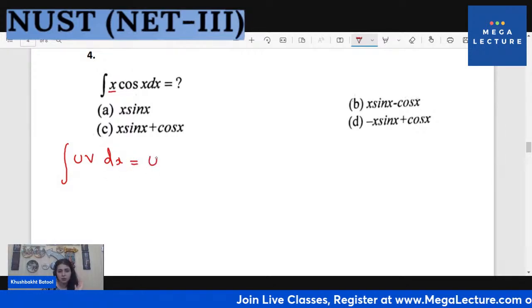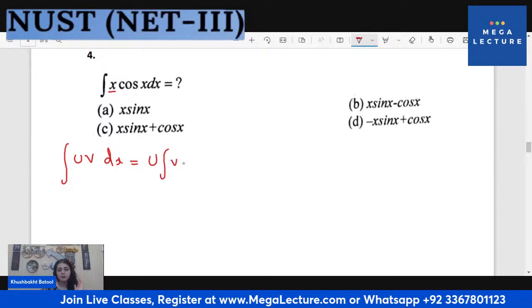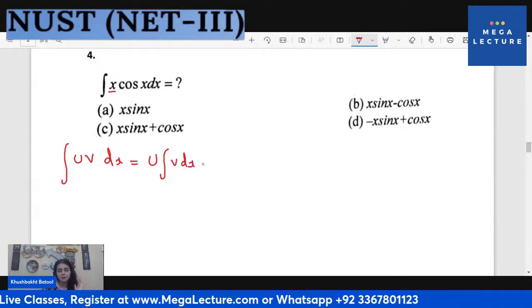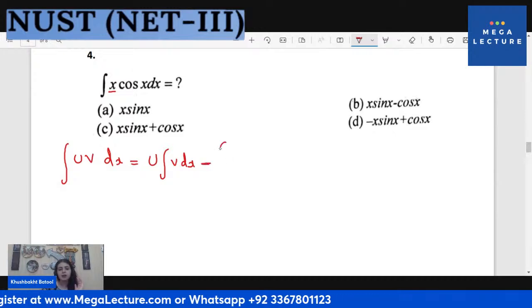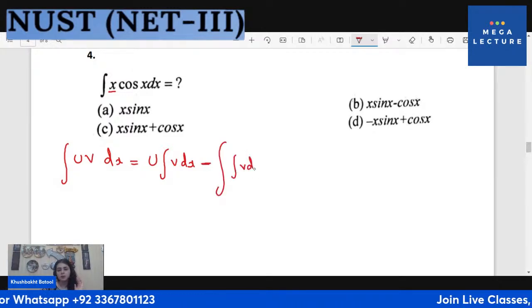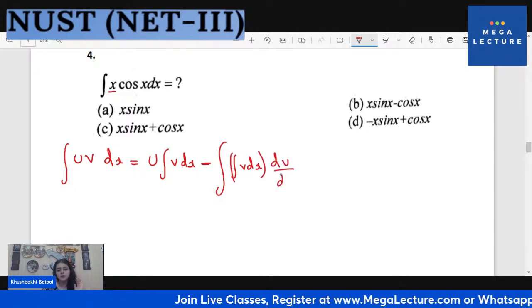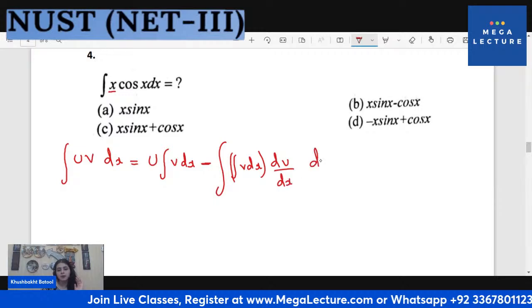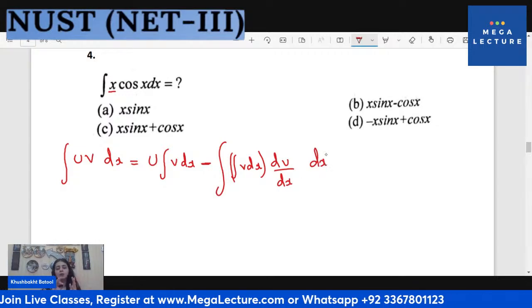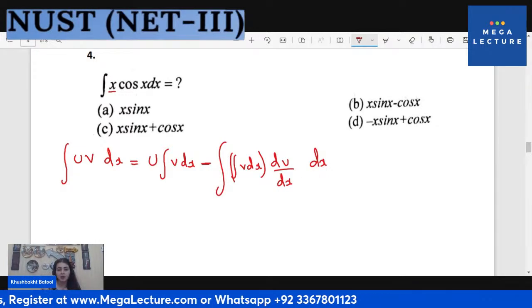First function would come as it is, integration of the second one, and then you will write down minus integration sign, integration of the derivative of the first one with respect to x. This is how you integrate by parts, okay?